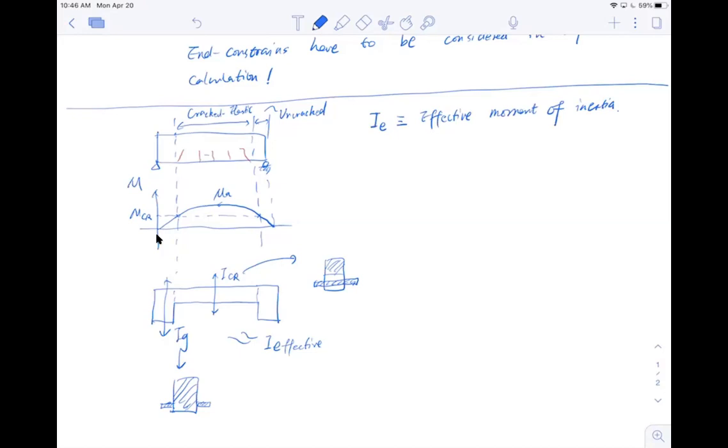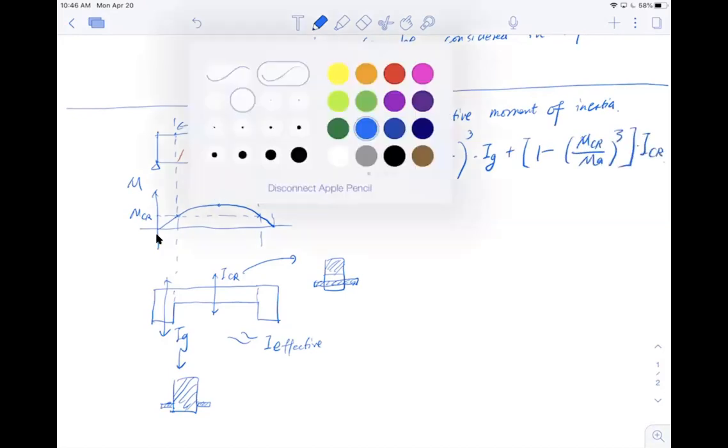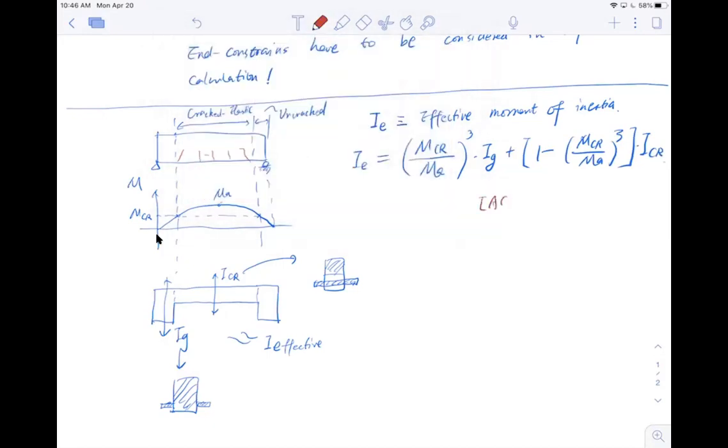The cracking stages. So ACI has the equation for it: Ie equals (Mcr, the cracking moment, divided by Ma, the applied moment) to the power of 3, multiplied by the gross moment of inertia Ig, plus a bracket of 1 minus (Mcr divided by Ma) cubed, times Icr. That is ACI's empirical equation.